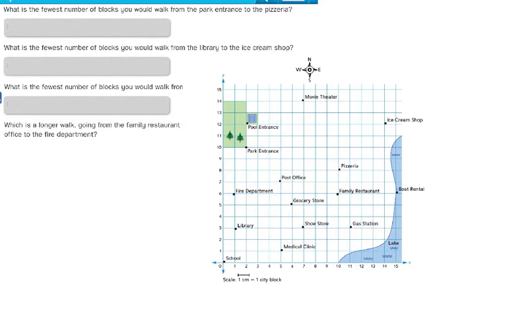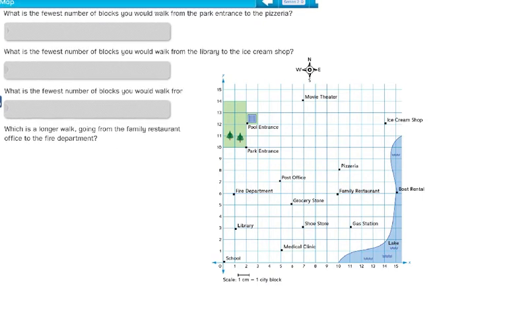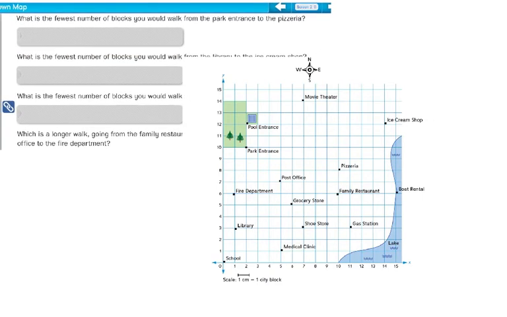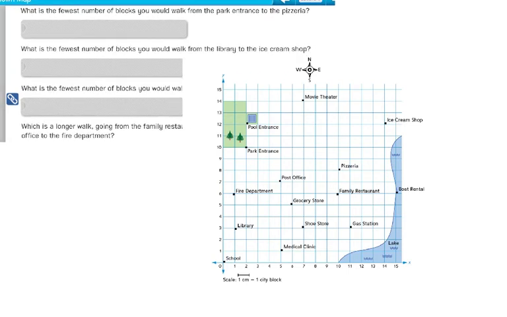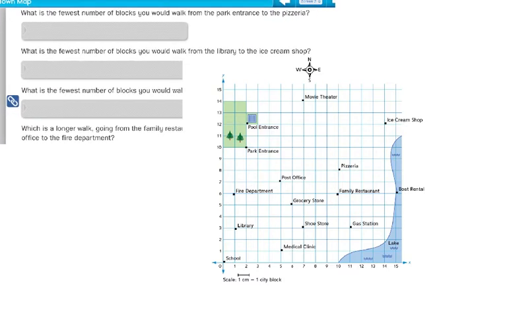Go ahead and trace it from the park entrance to the pizzeria with your finger. Pause your video. So if we go 1, 2, 3, 4, 5, 6, 7, 8, 9, 10 blocks.